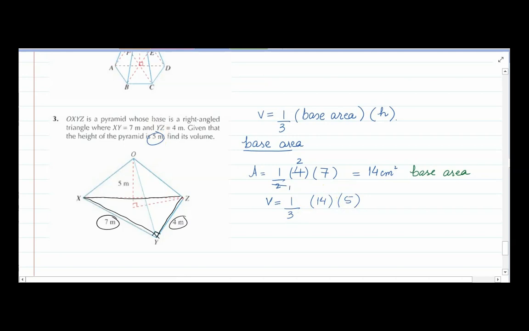So we need to solve it with the help of a calculator. 14 times 5 is 70, divided by 3, that is equal to 23.3, and the unit is meter cube. Keep in mind, not centimeter cube, because the length we are considering is in meters, right? So that is the answer for the volume of this triangular pyramid. Moving on to the next question.